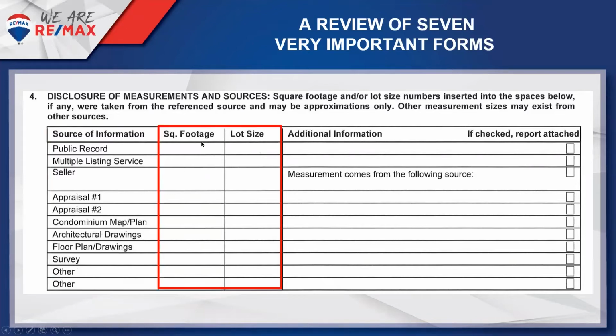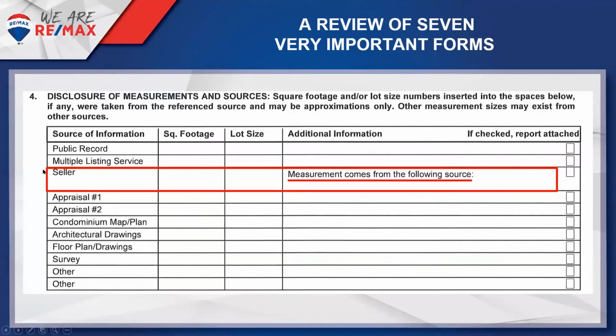You got a couple of other blanks. Then the square footage or lot size, you can state what those are. Any additional comments you can make on this form. Note that if the seller is providing the square footage, then you want the seller to provide the source. Where did the seller get this? Oh, I just made it up. Well, we probably shouldn't disseminate that information, but no, that's from my remodel when I got a permit, or I had the house refied, and that's an old appraisal.